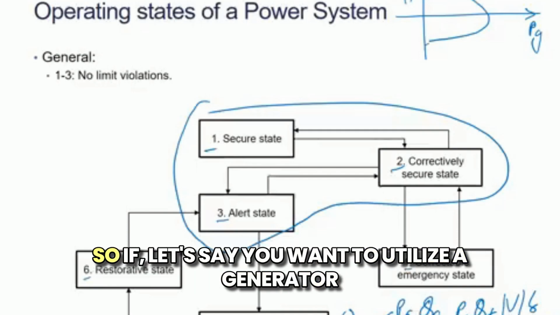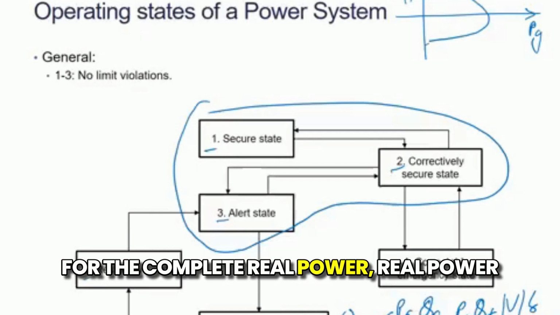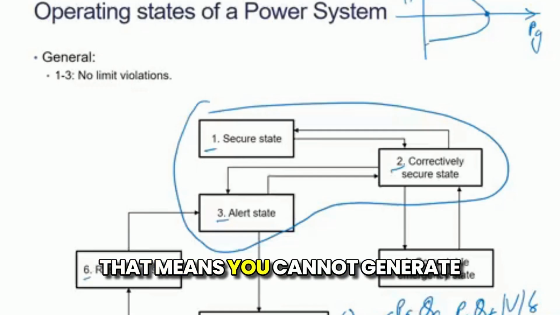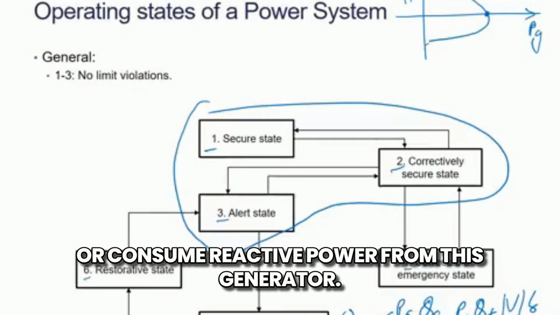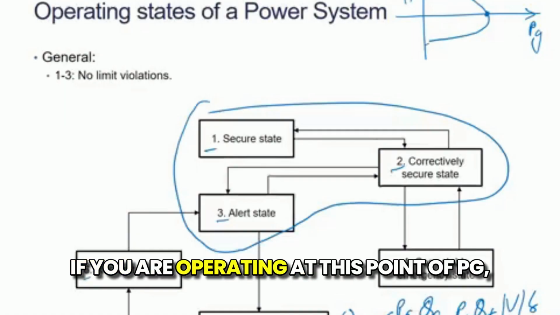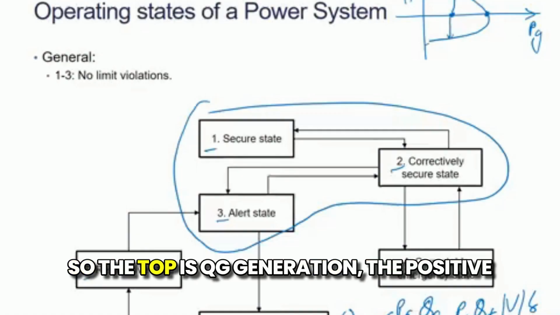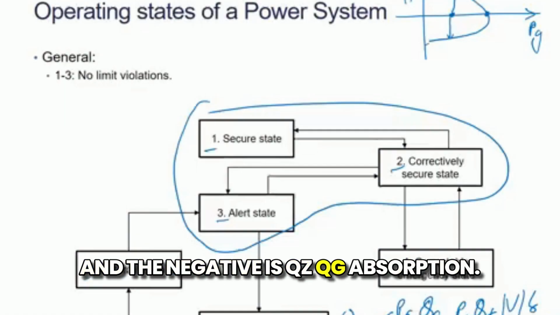capability curve. If you want to utilize a generator for the complete real power, you are only on the x-axis, which means you cannot generate or consume reactive power from this generator. If you are operating at this point of PG, then you have this much QG min. The top is QG generation, the positive, and the negative is QG absorption.